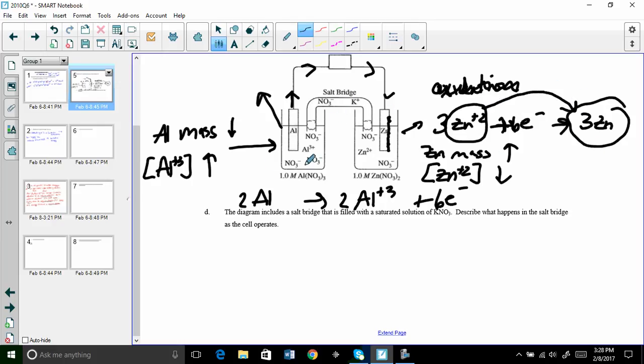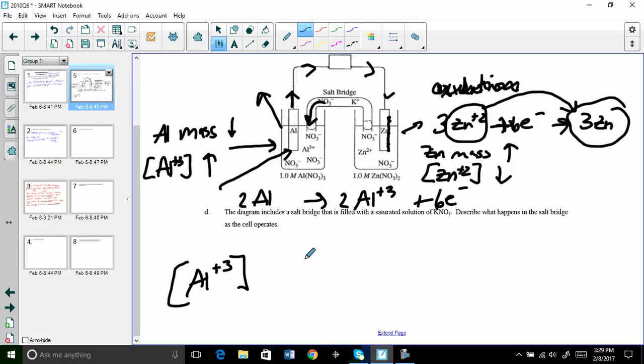Now, what you need to know about, because they're asking about the salt bridge: in this cell, the Al3+ concentration is going up, and the battery will quit working if you have too much positive charge. They need to be balanced. So what happens in the salt bridge is that the nitrate ions migrate into this cell because the extra positive ions react with these negative ions, and it keeps the charges balanced.